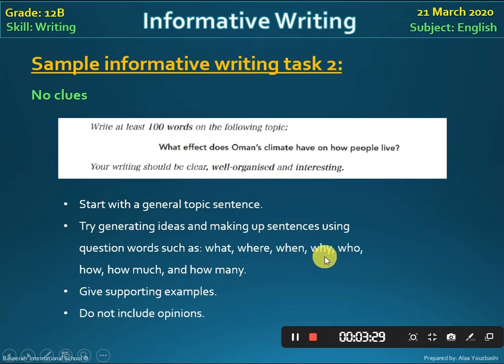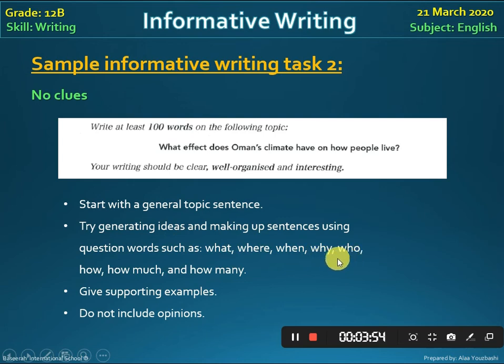Why do they choose those colors? Why is the white color widespread in Oman? Maybe because it helps in reflecting the heat of the sun in summer, so that it can help people cool down their bodies. So I can think about it like this.